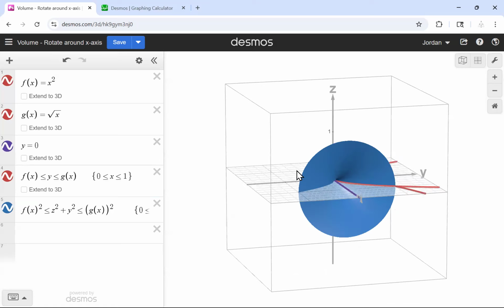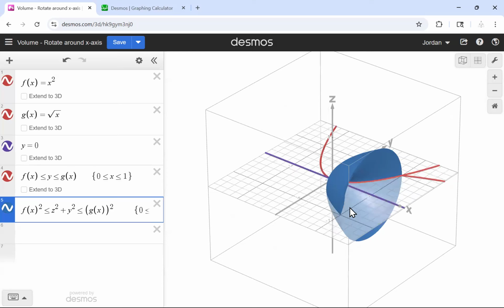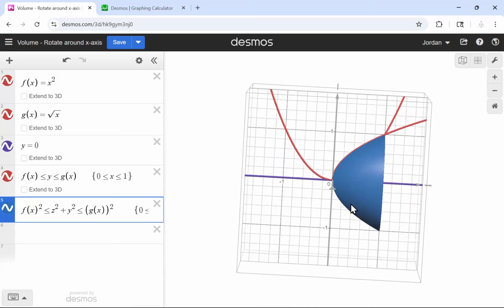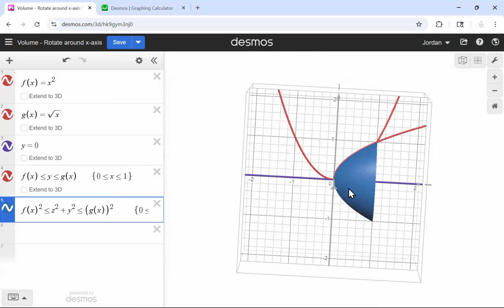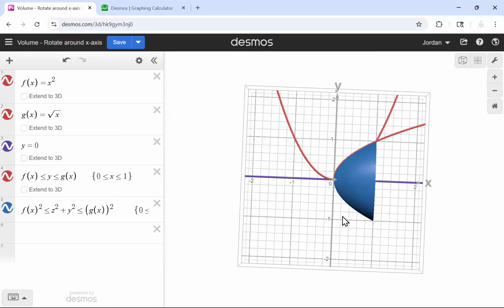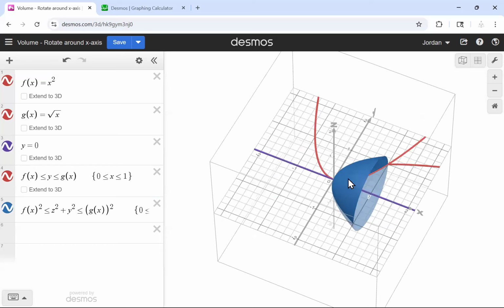So this is the object we get. So it's an interesting thing, but now we know that the volume of that thing is about 0.94, or 0.3 times pi if we wanted to be exact. So that's the thing in there.